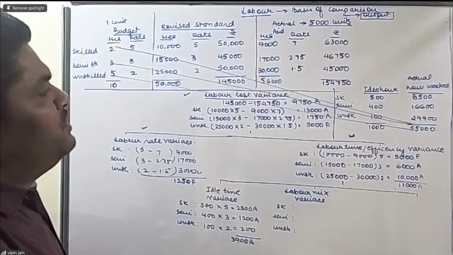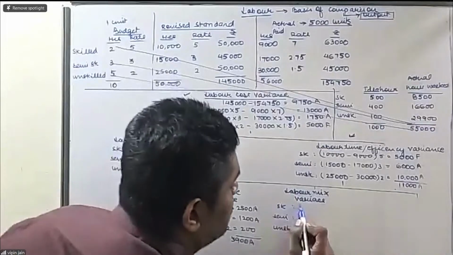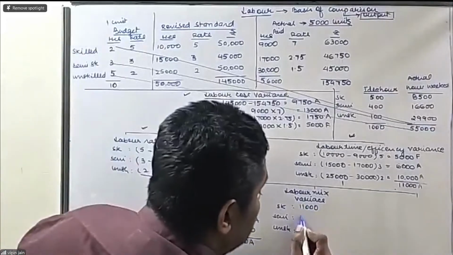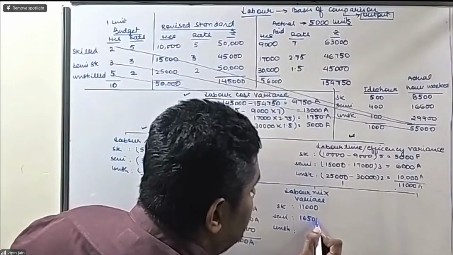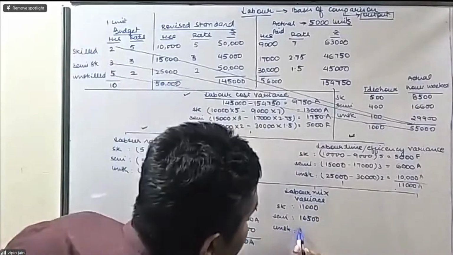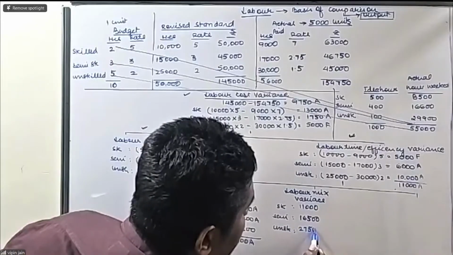So this will be 11,000, 16,500, and this will be 27,500.